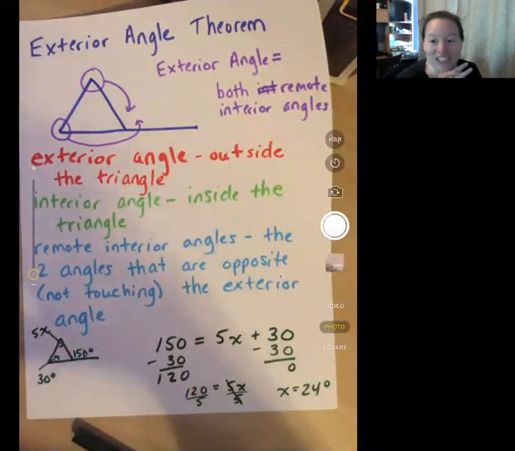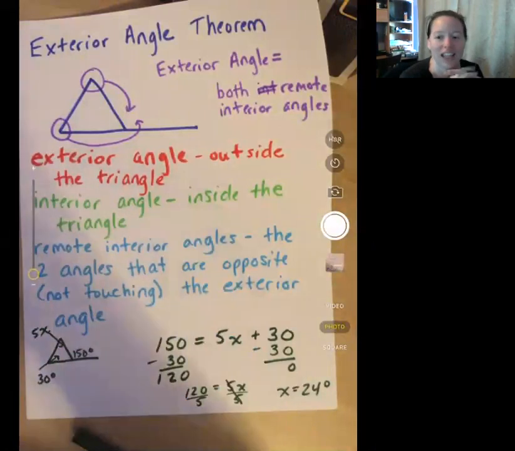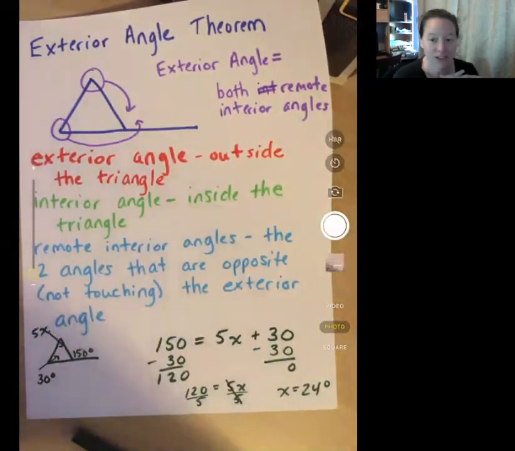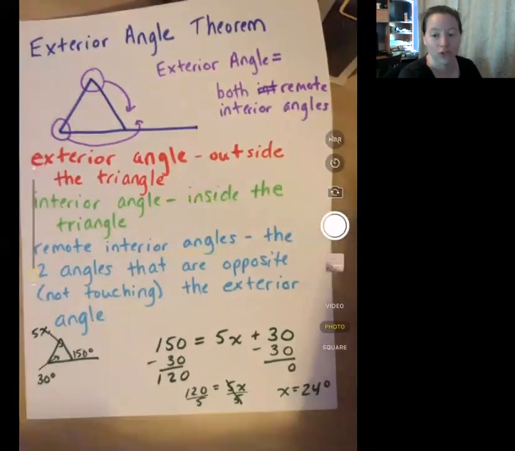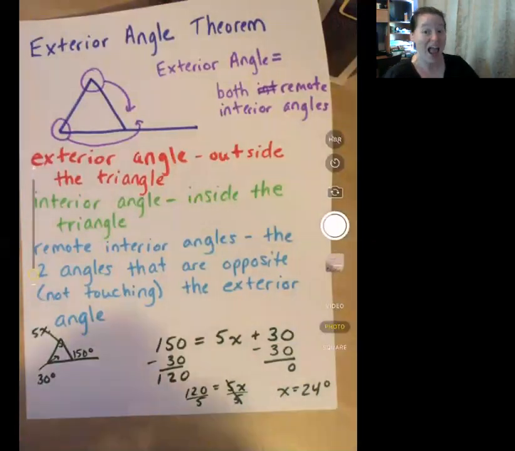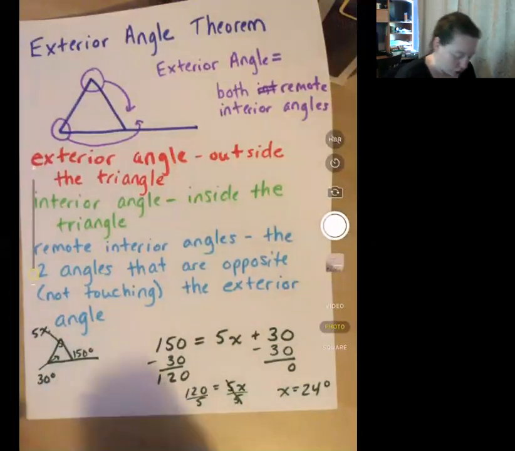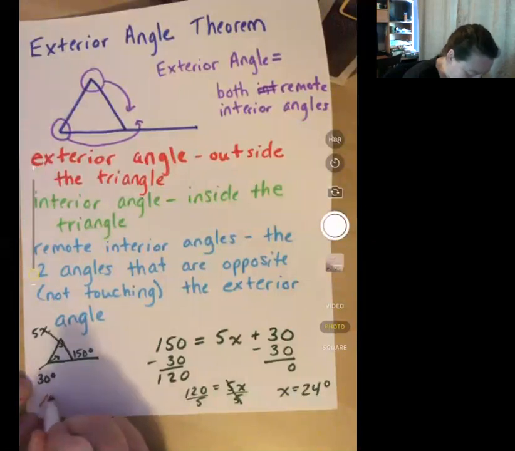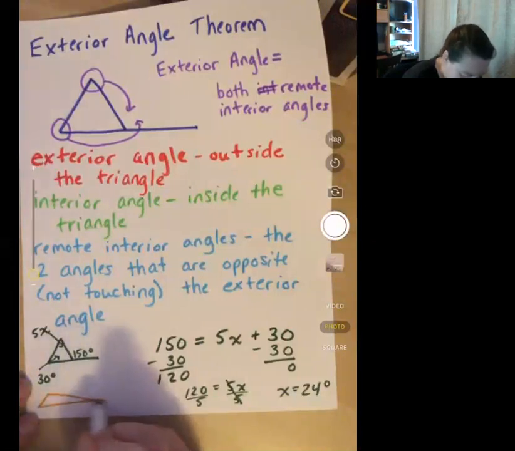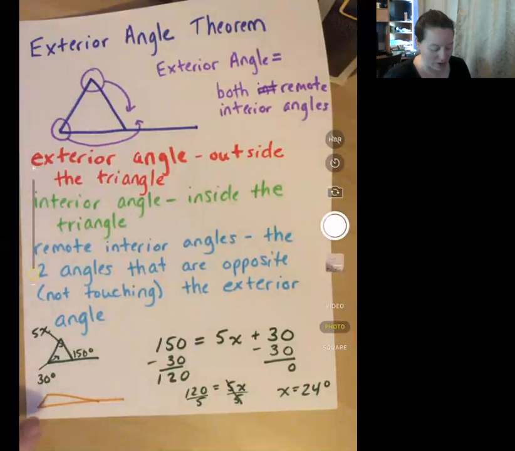Yeah, that's actually the correct measurements for all of it, although the triangle should not look like this. It should look here. I'll show you what the triangle for this particular problem should actually look like. It should look like this. That's what our triangle should actually look like.